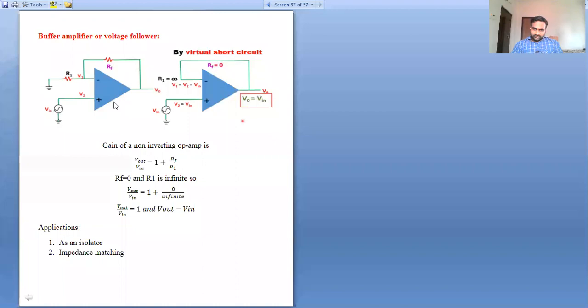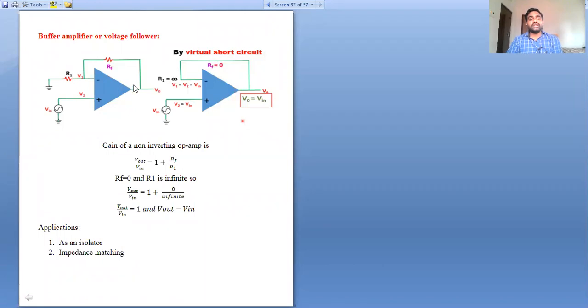The name itself says voltage follower: the output voltage is following the input voltage at the same magnitude.